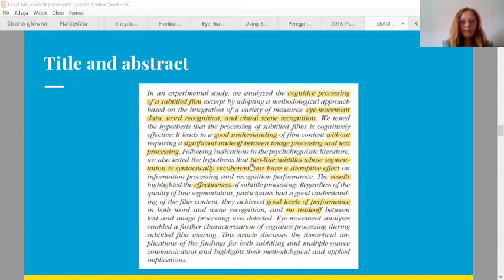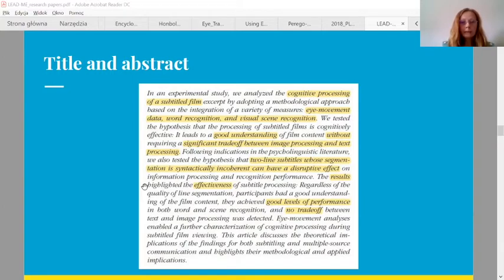Okay, and then there is another hypothesis. Two-line subtitles whose segmentation is syntactically incoherent can have a disruptive effect on processing, right? So I know that two hypotheses will be tested in this paper. And then results. The results highlight the effectiveness. So this means that the hypothesis is confirmed, right? That subtitle processing is effective, right?